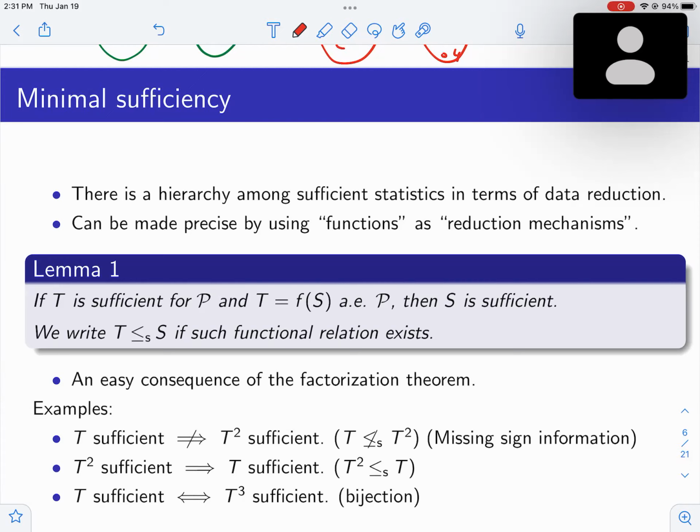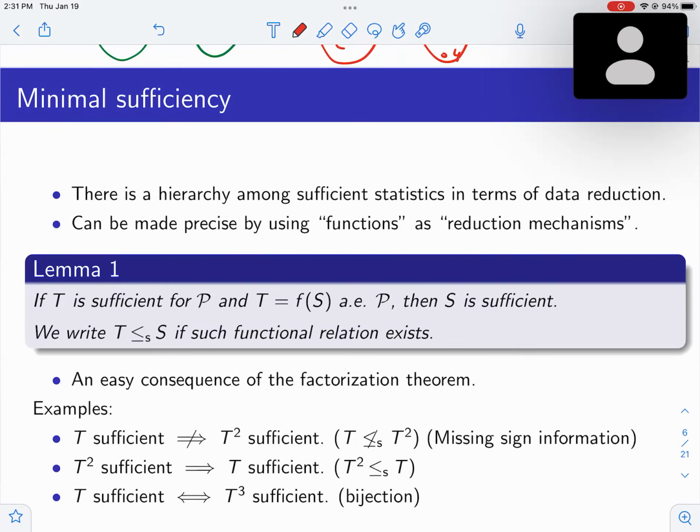Actually, this is not the definition, but the little lemma that inspires the definition. If T is sufficient for a family, and T can be written as a function of another statistic S almost everywhere P, again, because these are defined almost everywhere, then S is sufficient.